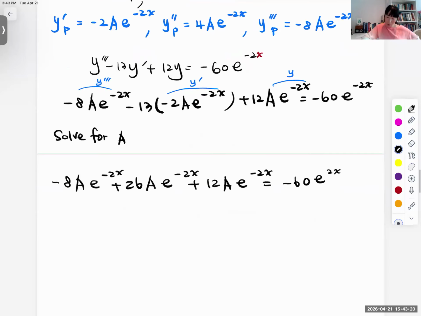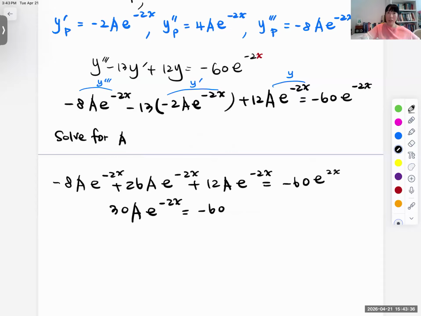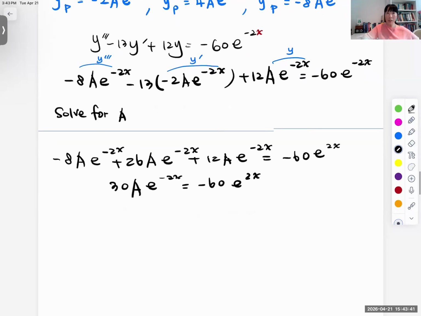Now we can combine everything: negative 8a, positive 26a, positive 12a, which is 30a e to the negative 2x equal to negative 60 e to the negative 2x. Now solve for a.